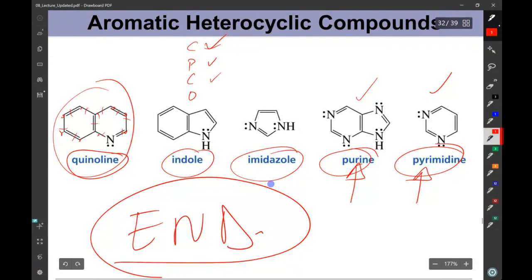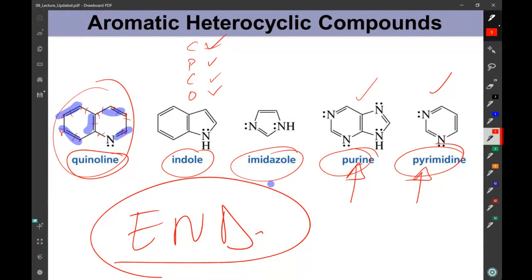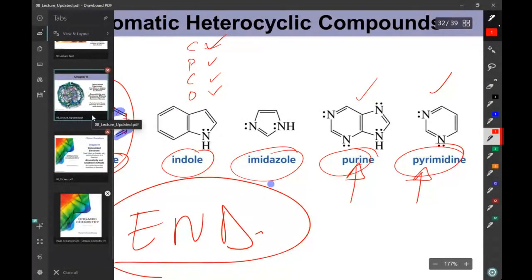Now, in terms of the number of pi electrons, I have 1, 2, 3, 4, 5. 5 is an odd number, so it passes the test. So that molecule is aromatic. And you can do that with the rest of the molecules. All right, I got it. Appreciate it. You're welcome.